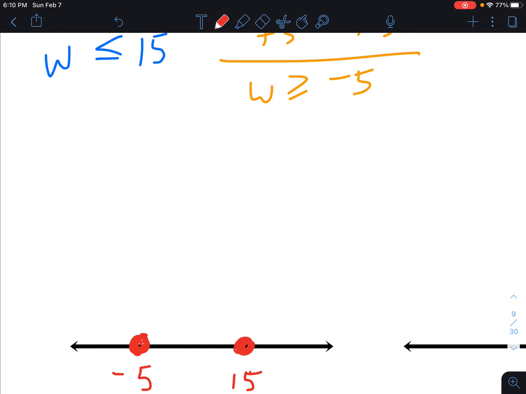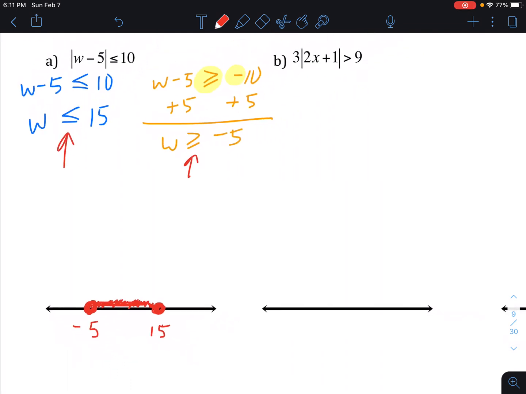This one shows w is less than or equal to 15, so it starts going to the left. And this one is w is greater than or equal to -5. That starts going to the right. So the shading will meet in the middle. It does not surpass, so the answers to the problem are simply the numbers in between and including -5 and 15.